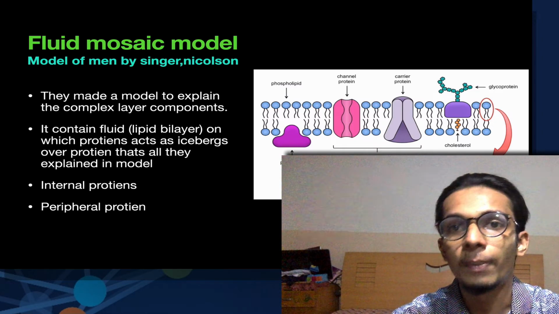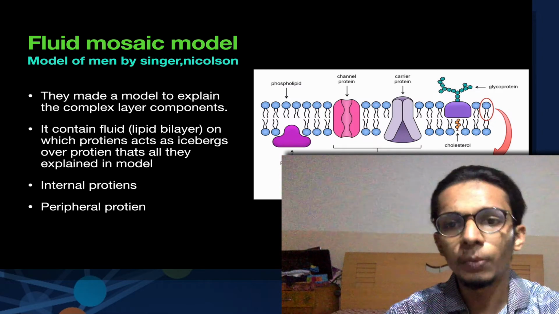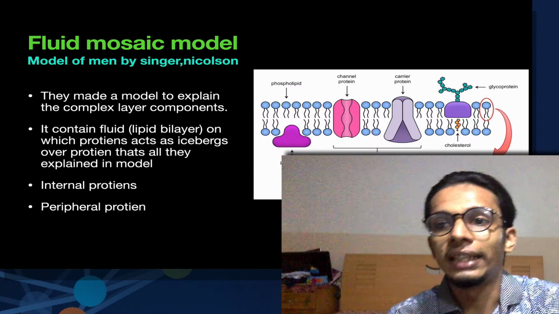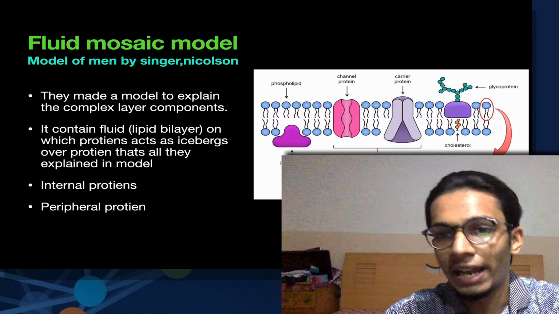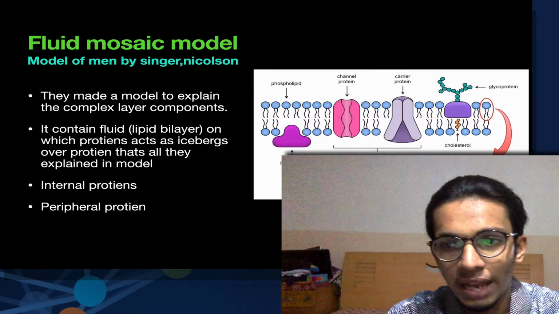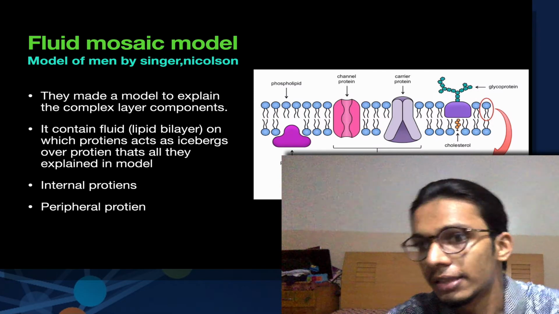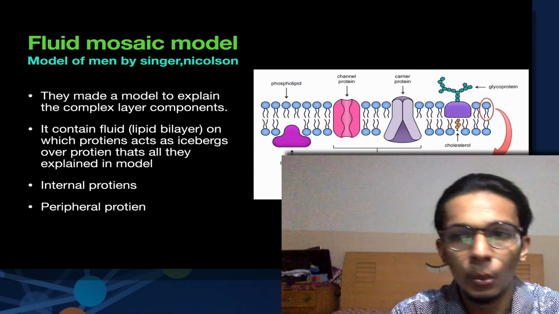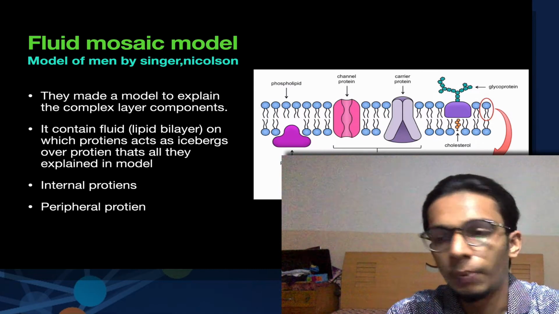It is known as the peripheral protein, and peripheral proteins are those which are hanging outside the membrane. You can see at the right side we have another purple color. And over there we also have glycoprotein over the peripheral protein.